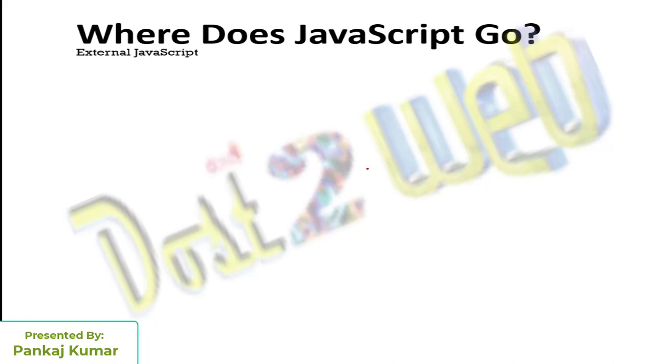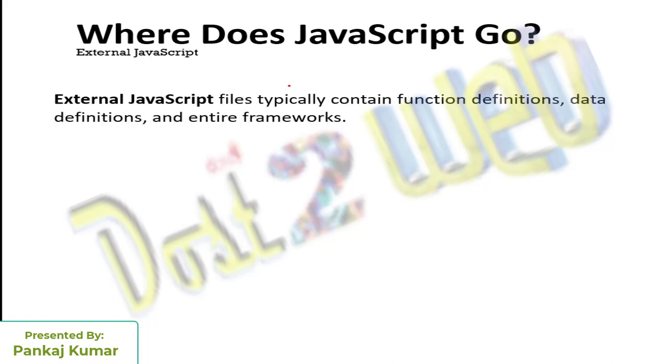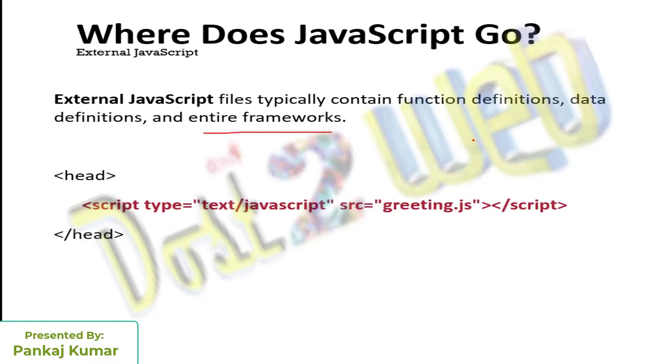Next, you have external JavaScript. The external JavaScript files typically contain function definitions, data definitions, and the entire framework, whatever you are going to define.